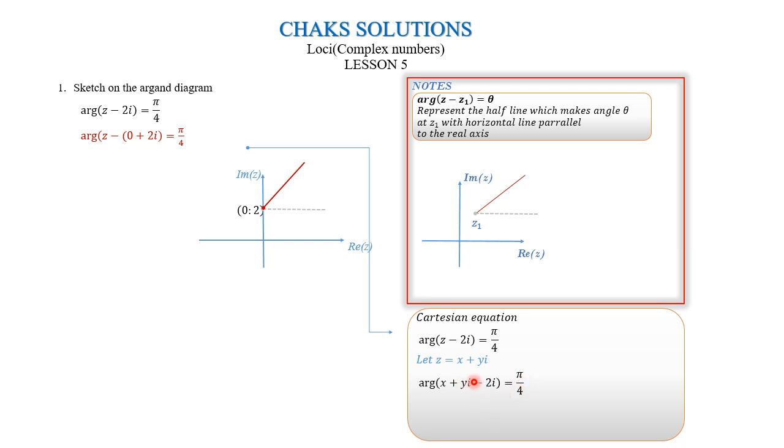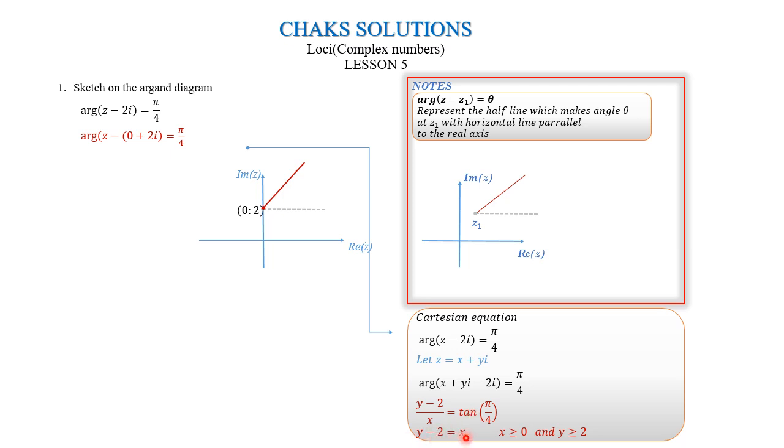Now we take the imaginary part over the real part. The imaginary part here is y minus 2, so y minus 2 over the real part x is equal to tan pi over 4. We can press on the calculator here, so it's going to be y minus 2 is equal to x.